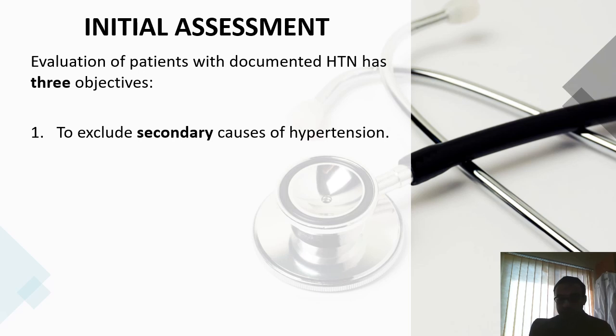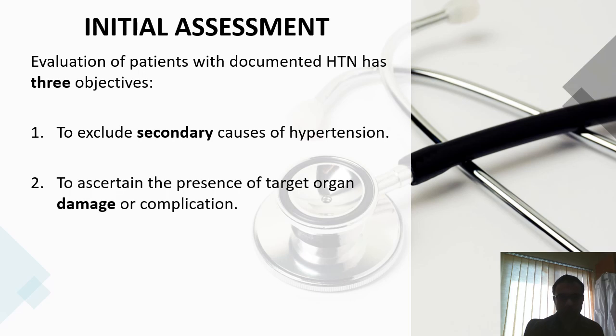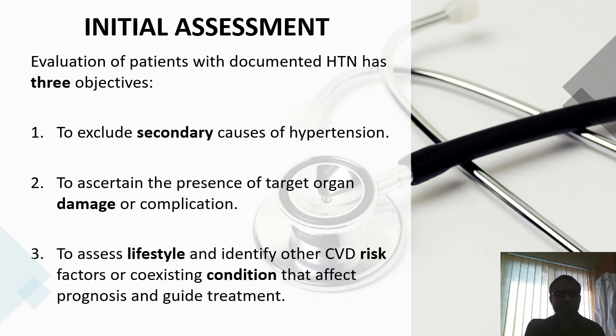The first one, we have to exclude secondary causes of hypertension, either as a medical condition or as medication. Also, we have to ascertain if there is any target organ damage or complication in a given case. This will guide also the treatment.